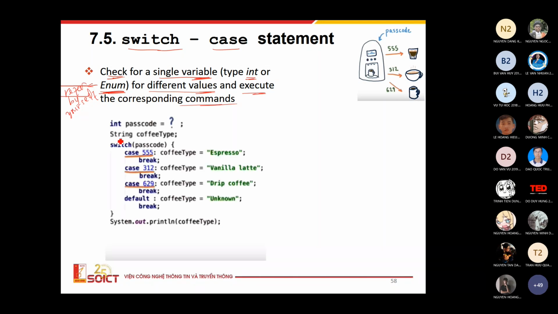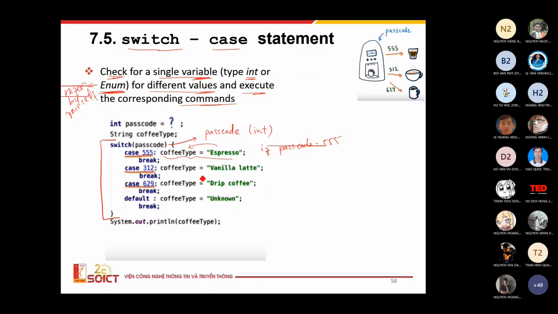Okay. For example, here you use the switch case. You need to check the passcode. Passcode is a variable of the type int. If passcode is equal to 555, you will assign espresso to the coffee type. Okay.